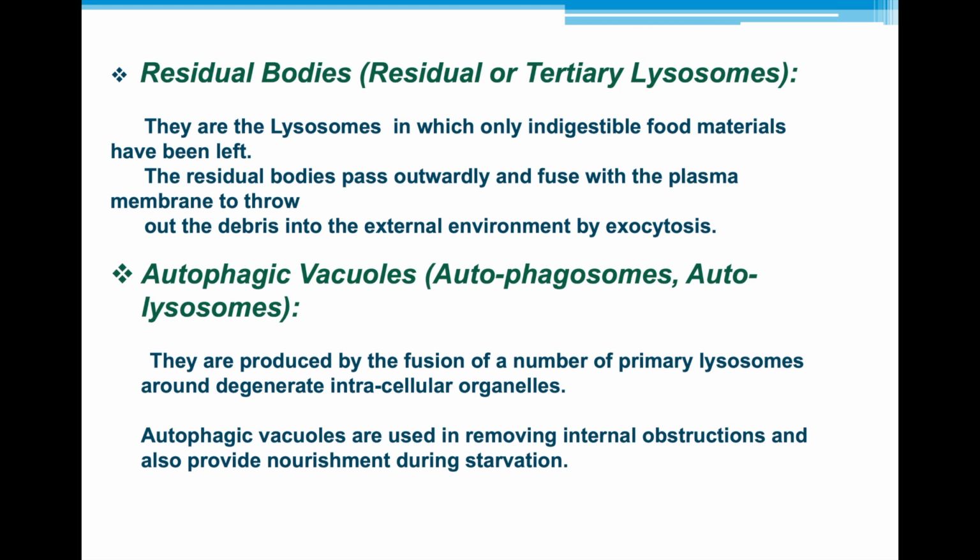Third one is residual bodies, or we can say residual lysosomes or tertiary lysosomes. They are those lysosomes in which only indigestible food materials have been left. The residual bodies or lysosomes pass outwardly and fuse with plasma membrane to throw out the debris into external environment by exocytosis.